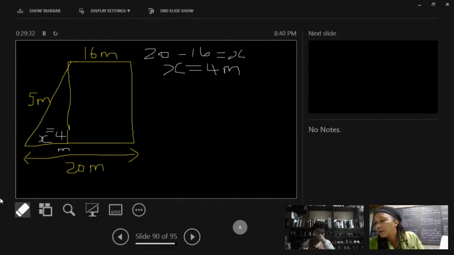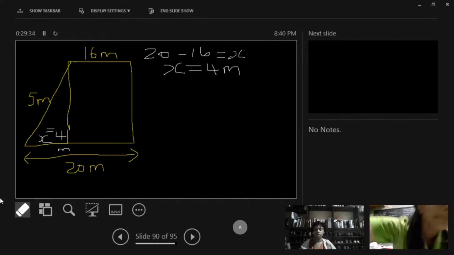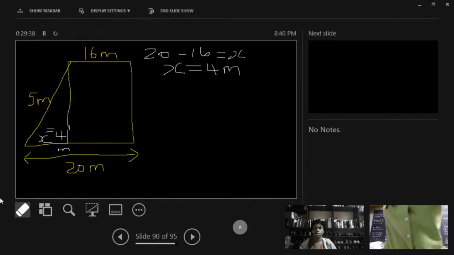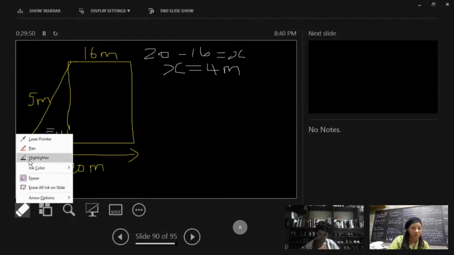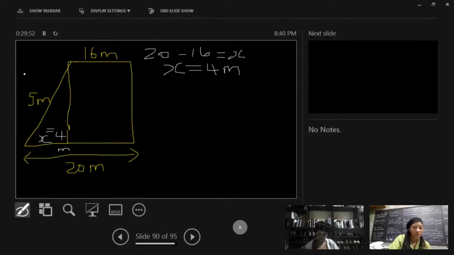So now that we know that the height is 3 meters, we're going to find the area. So the area is (a plus b) over 2 times the height. Hold on, Imani. So we're saying this is 3.